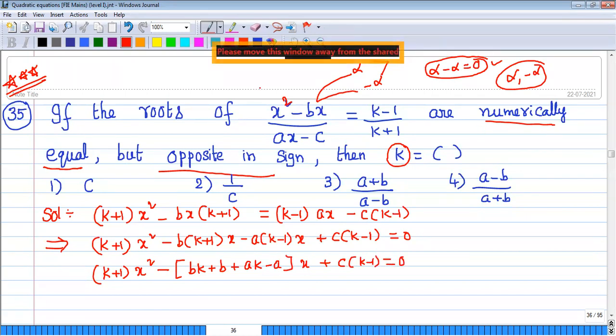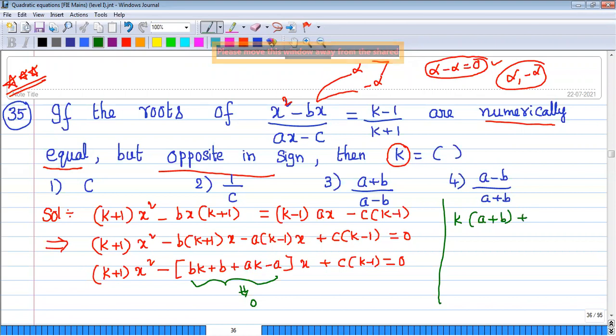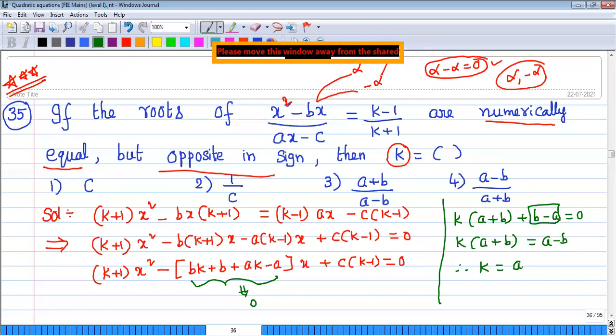Since the roots are numerically equal but opposite in sign, this must be equal to 0. So that means here bk plus ak, k common, a plus b, and plus b minus a must be equal to 0. So k times of a plus b equals to, if you transpose this part to the right hand side, it becomes a minus b. We need k value. k equals to a minus b upon a plus b. So fourth option is the right option.